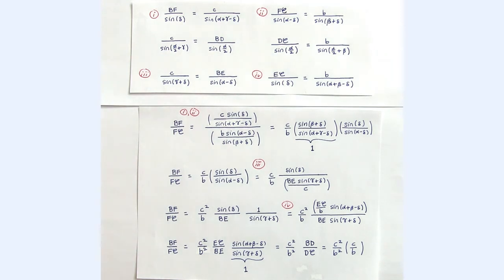And again, because the sines of supplementary angles are the same, this ratio simplifies conveniently to 1, which I can see in my triangle.